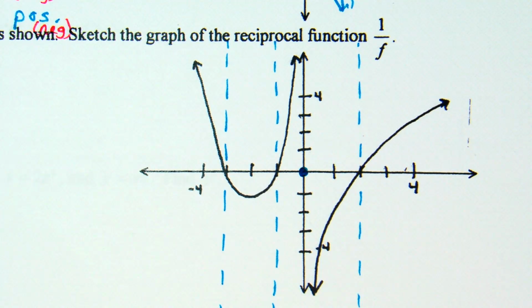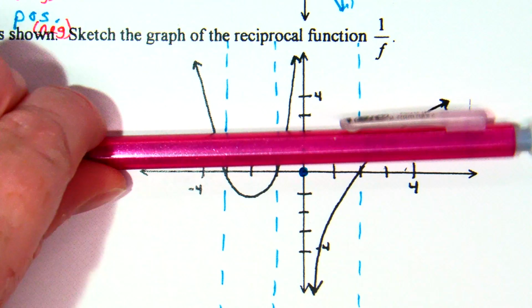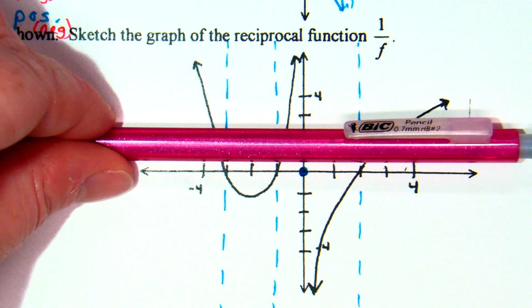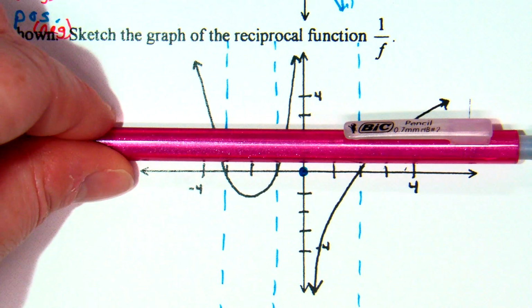So, what I would do here, and I know the pencil is way too thick to make this work, but it gives you the idea. If I'm laying my pencil along y equals 1, do you see we're going to touch the graph several times? How many times am I going to touch the graph? 3 times? Those are 3 places where those points are going to stay.